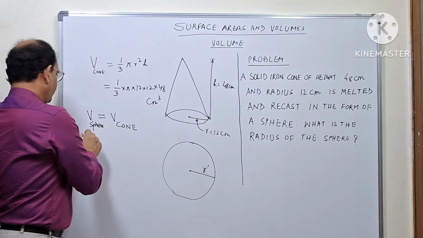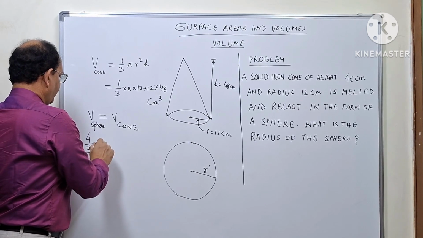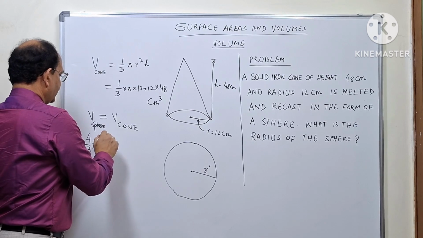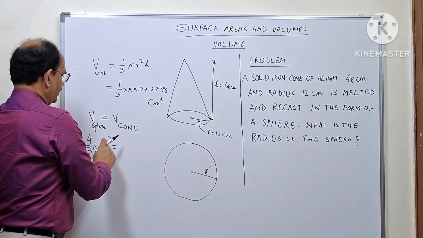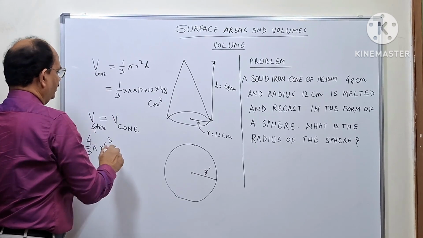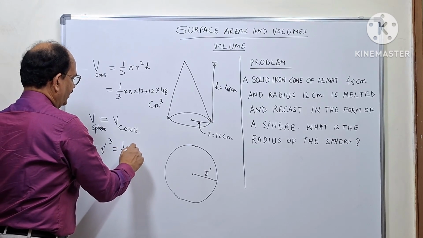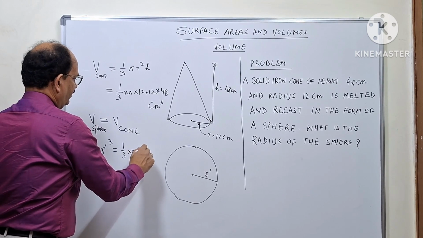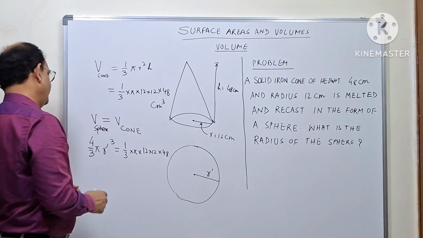Now we know that the volume of the sphere is 4/3 pi r, in this case r dash cube, and that will be equal to the volume of the cone, which is 1/3 of pi into 12 into 12 into 48.